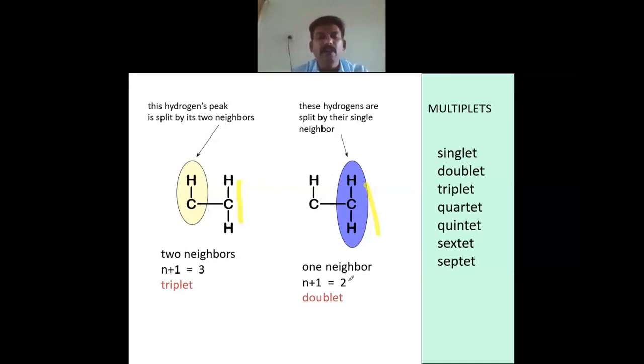So one will be a doublet and the other a triplet. Doublet and triplet, n plus 1.